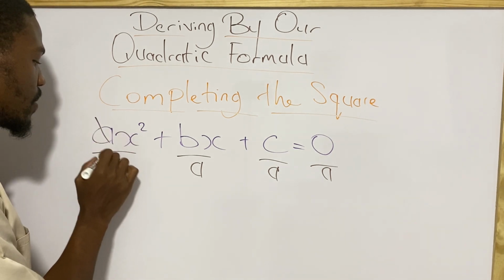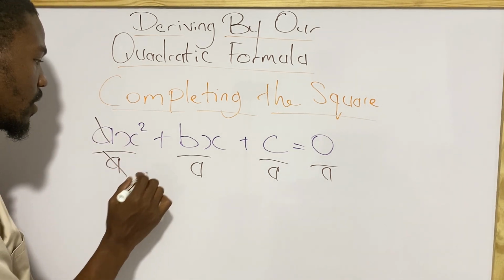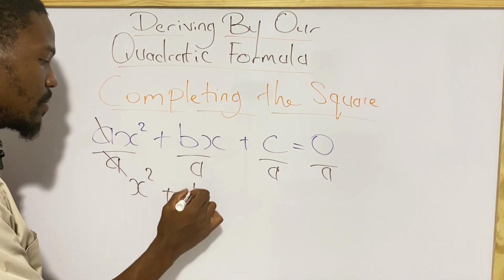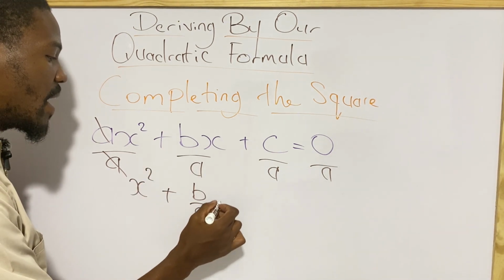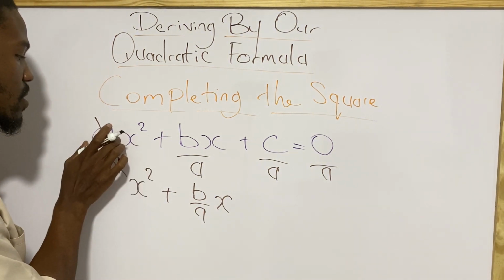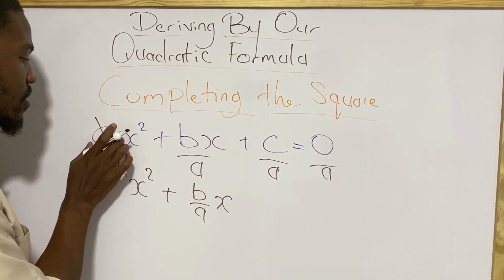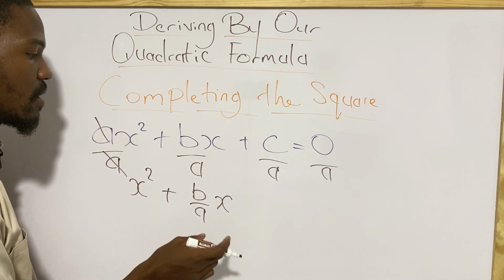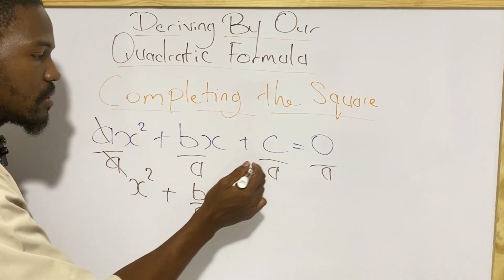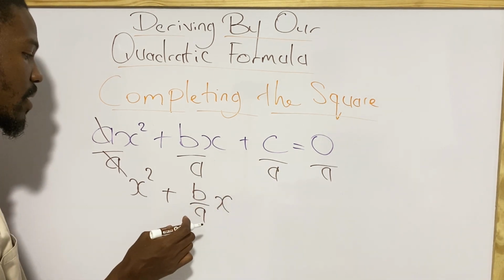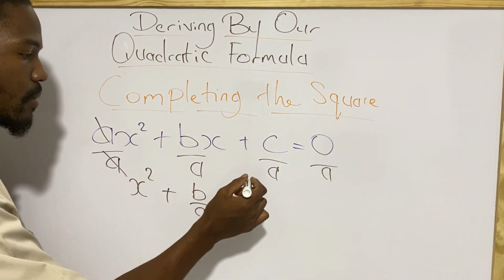The a's are being cancelled out here, and we're left with x squared plus b over a. We're just focusing on our coefficients right here, so we're going to leave our x a little bit separated so we can see what we're working at.